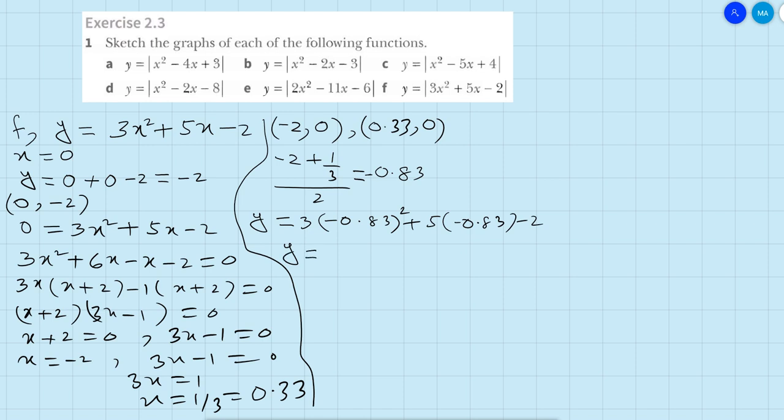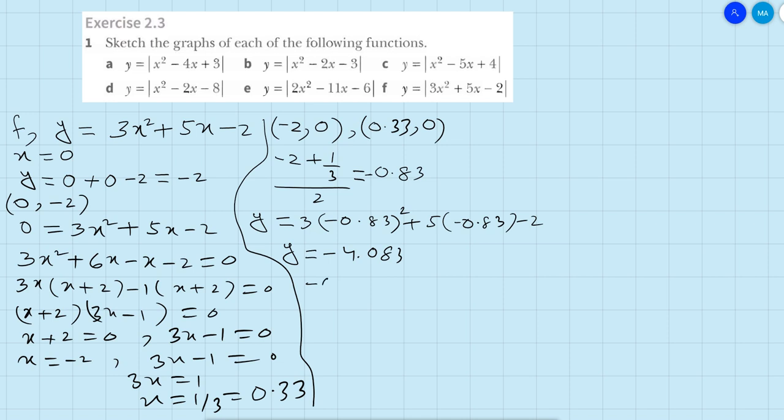With the help of calculator, we will find the answer of y. Final answer is minus 4.083.